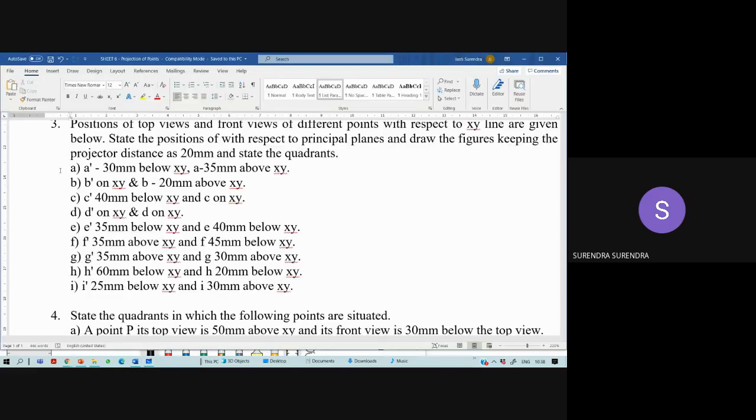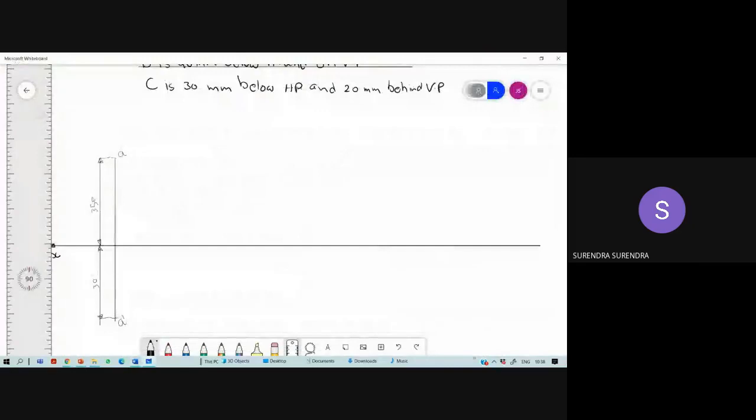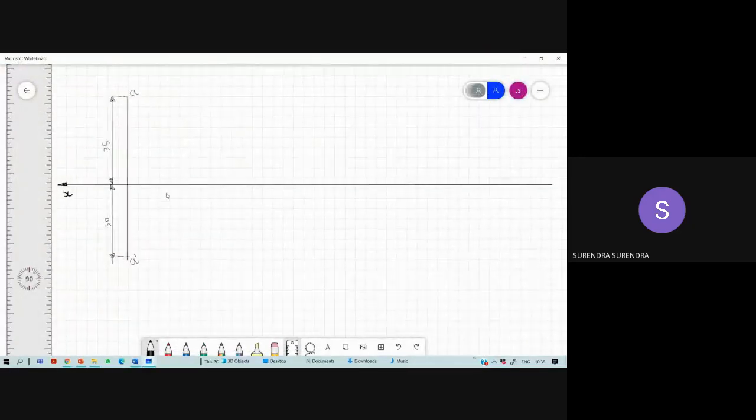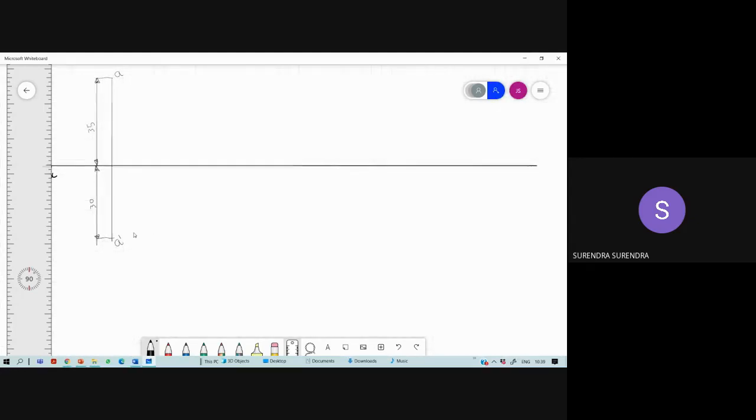And now what is being asked? Instead of stating the position, it is asking to state the quadrants. So where is point A dash? Where is the front view?